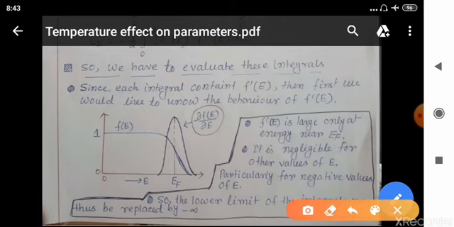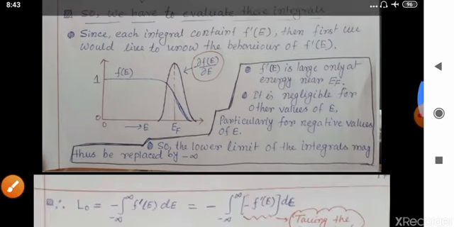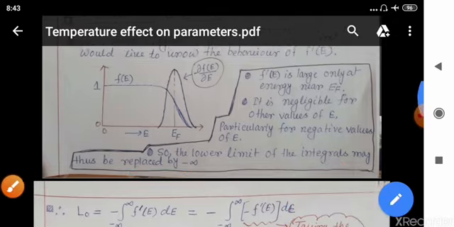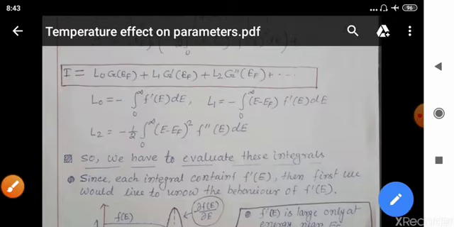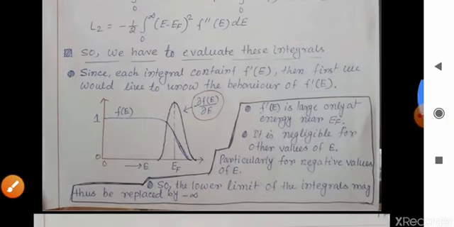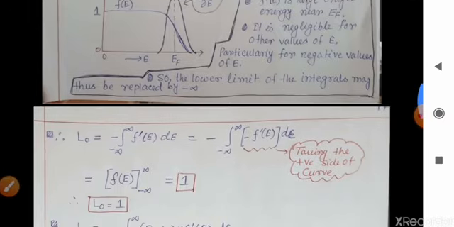Hence, we can neglect the f prime E values, particularly at negative values of E. So the lower limit of the integrals may be replaced by minus infinity. In this integration, we have seen the lower limit was 0, but if we use minus infinity as the lower limit, there will be no problem, because on the negative side f prime E gives you the 0 value. So we will use this concept.